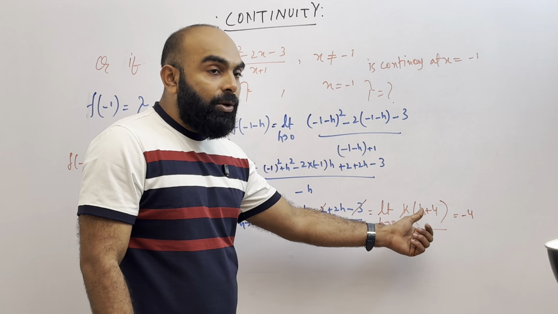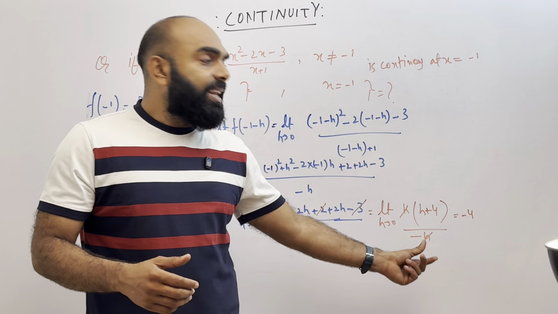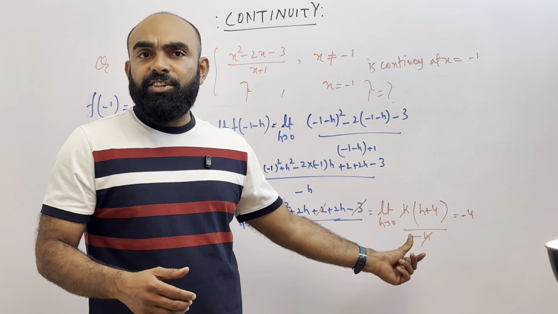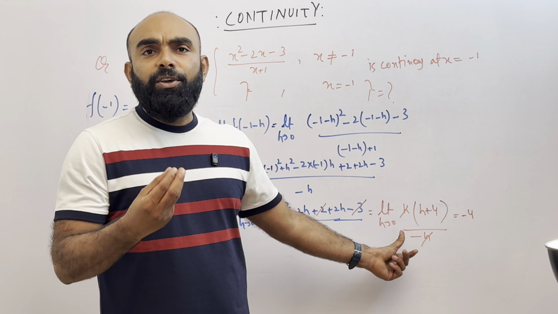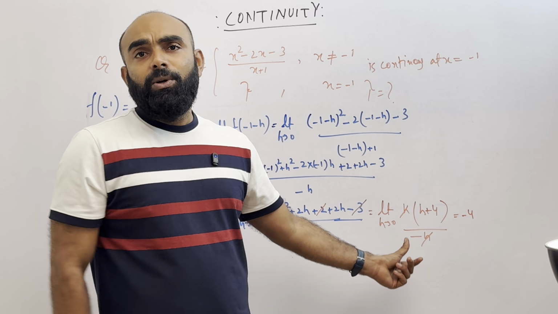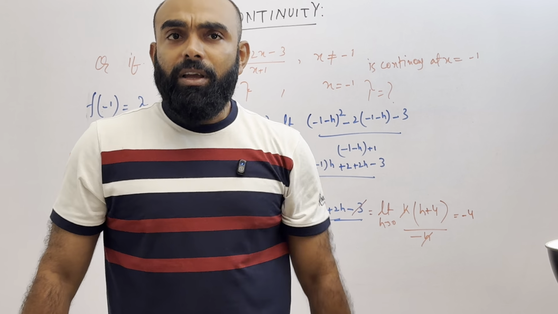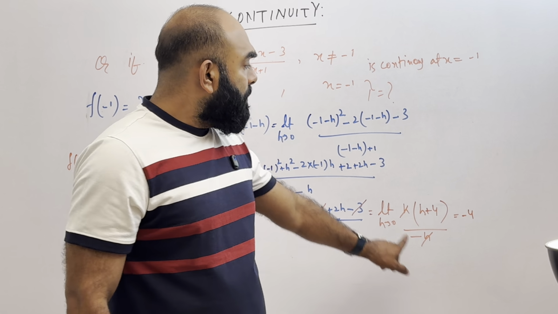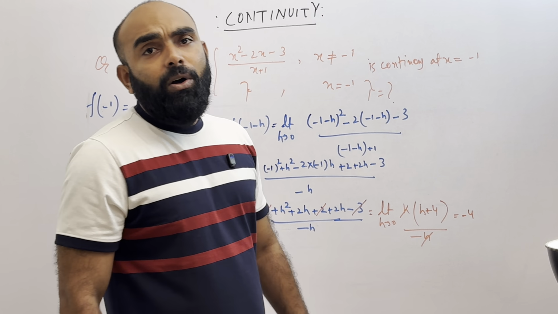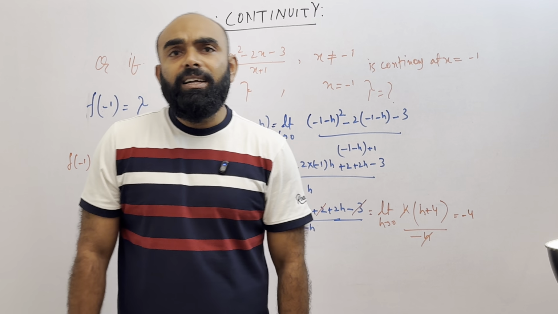Because this h will get cancelled out. There is not a single term of h in the denominator. Let's say if you got limit x tends to 0 and there is not a single term of x in the denominator, directly keep the value of x as 0. Like I have directly kept the value of h as 0 because there is not a single term of h in the denominator.